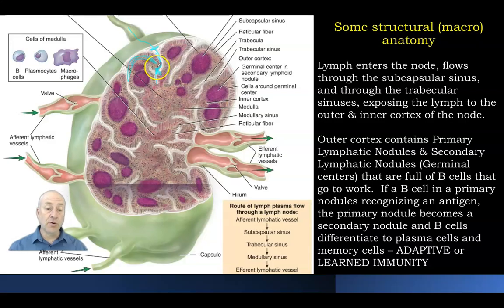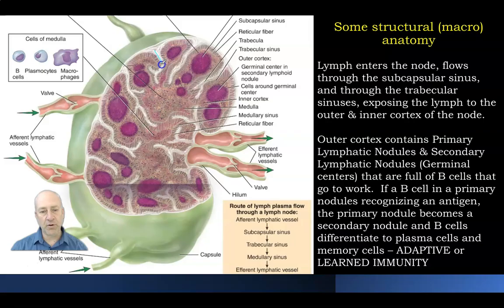As you flow down, you're going right by the outer cortex. And what is posted up in the outer cortex is a bunch of B cells. Those are incredibly important for recognizing the antigen and starting up that whole cascade of adaptive immunity that we'll talk about in a few modules, whereby you create the correct antibodies against the antigens that are coming in and trying to invade and take over your body.